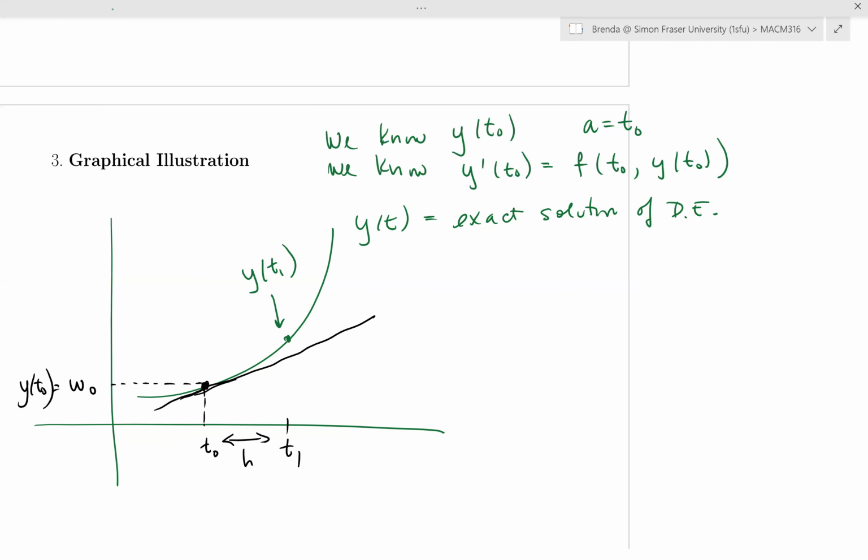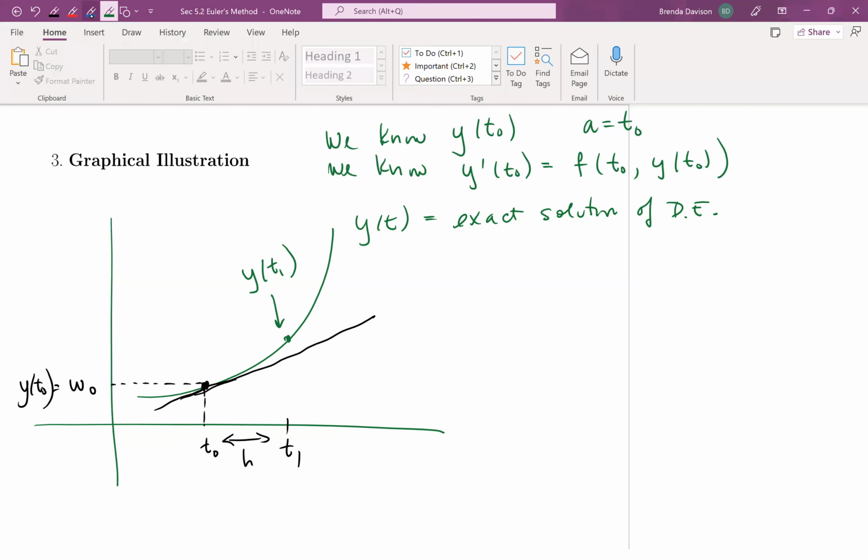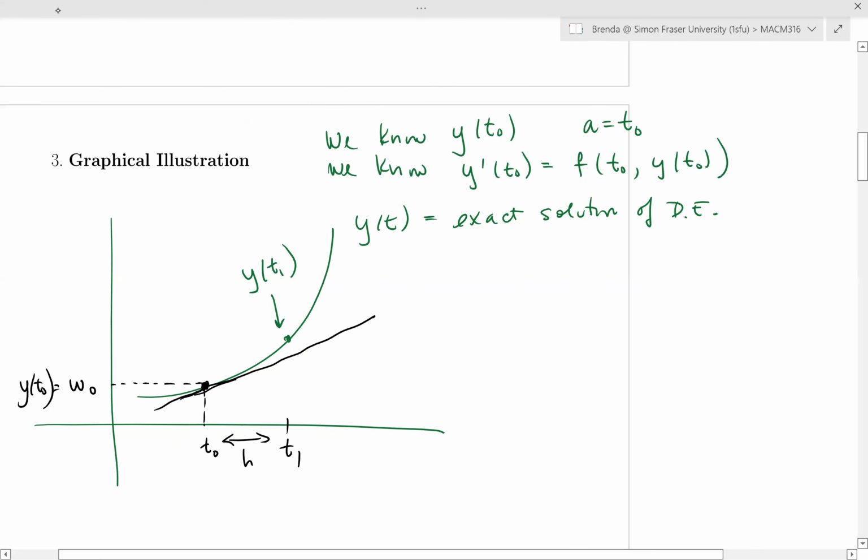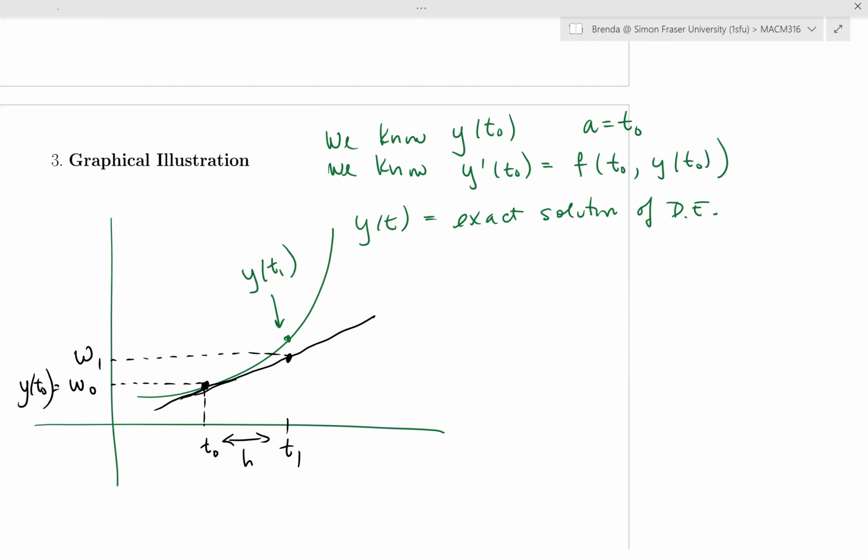We don't know that, and we don't have an explicit description of the function, so we move along the tangent line and get to right here. We call that W1. W1 is approximately y at t1. Sometimes we even write this y1.